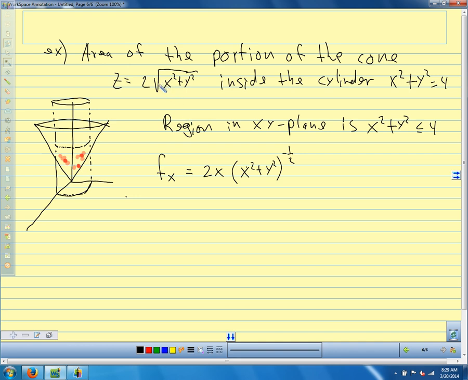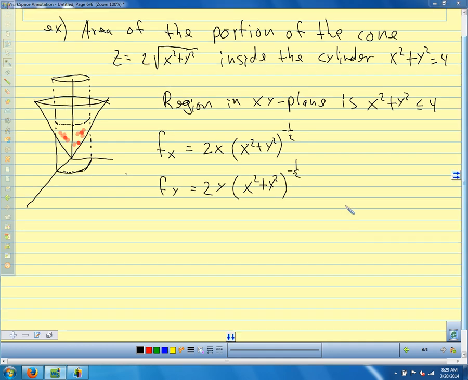When I take the partial with respect to y, and it's a symmetrical equation, I get x squared plus y squared to the negative 1 half, 2y. And this is starting to look like it might be complicated. Well, let's keep going.